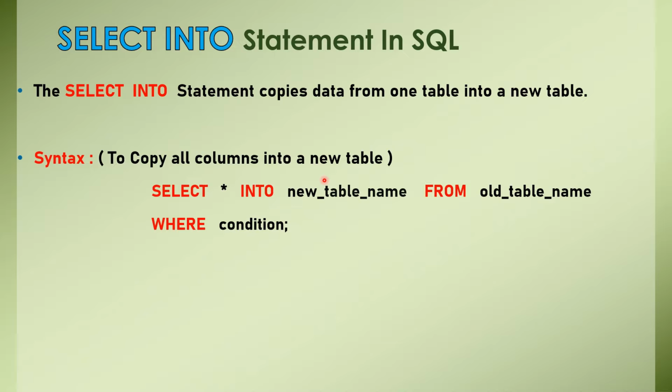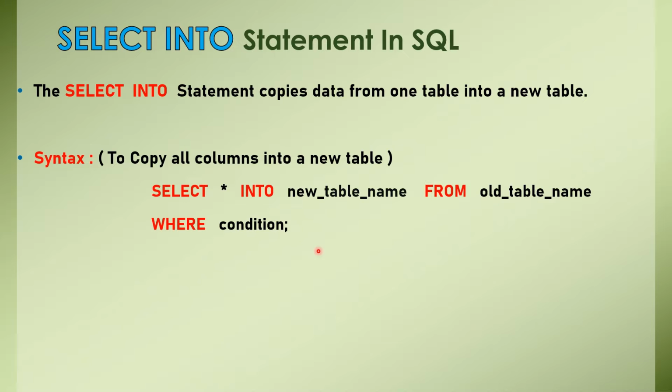So you don't need to create a new table. If you create, that's okay, but if you do not create it, that's also a fine scenario. This statement will create a new table for you and it will also copy all the data from your old table to this new table based on the condition which you have provided. So I hope you got this thing. This is a very helpful command.